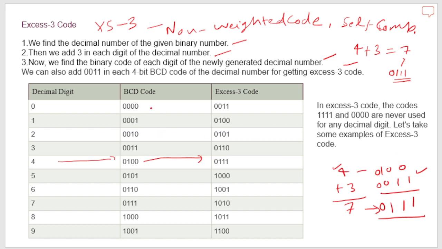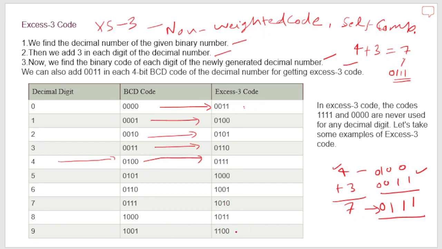So for 0 we have 0011, for 1 we have 0100, for 2 we have 0101, and so on: 3, 4, 5, 6, 7, 8, 9, 10, 11, 12.